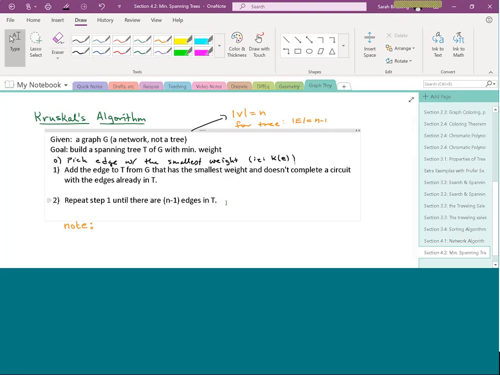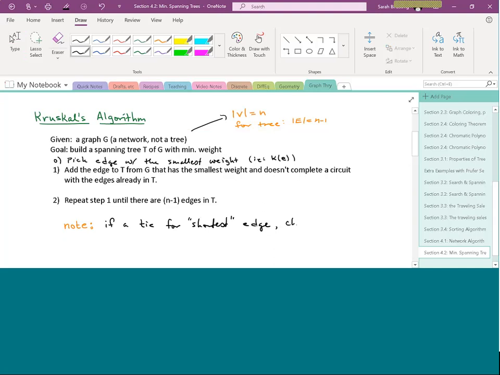Now, thing to note about this one here, do I need to worry about? Oh, we already said that. So if there's a tie for the shortest or the smallest weight, it doesn't matter.